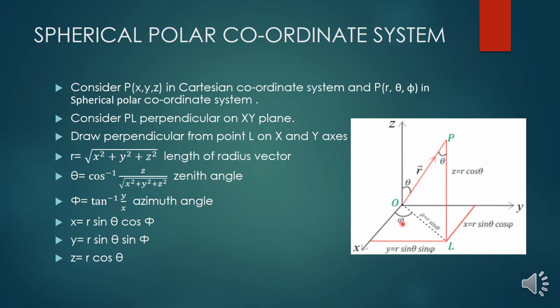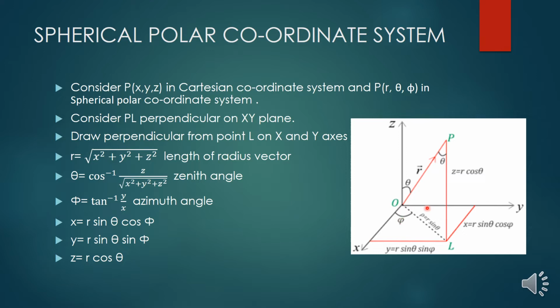So now we know that P has coordinates XYZ which can be obtained by dropping perpendiculars on the respective coordinate axis, and r, theta and phi are shown in this particular diagram. Now let us derive the relationship between these coordinates.